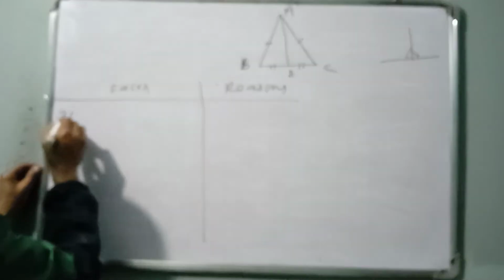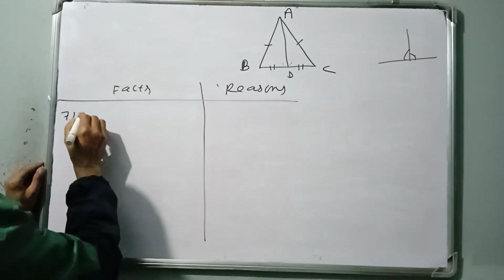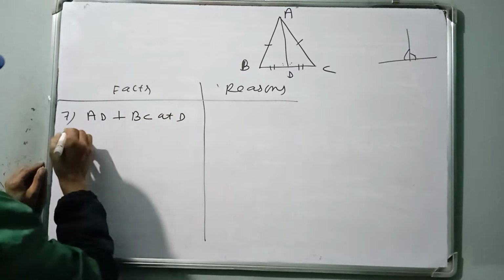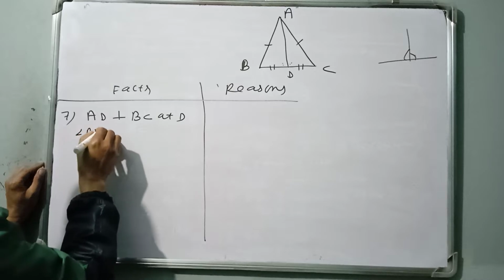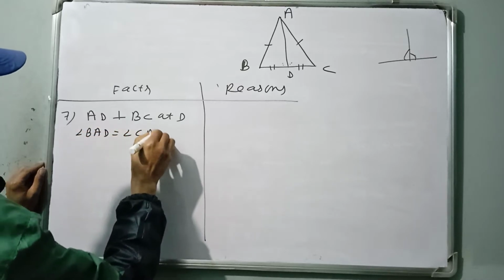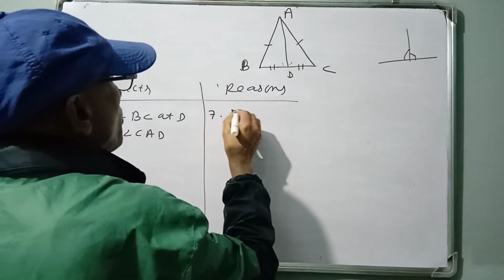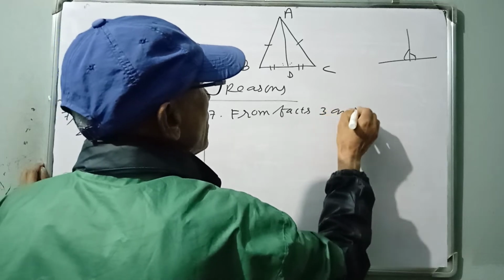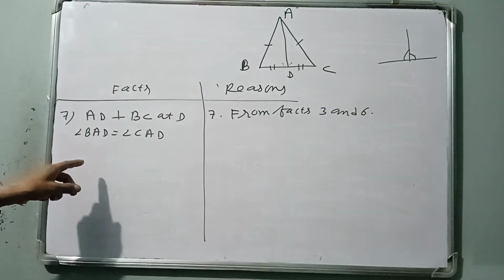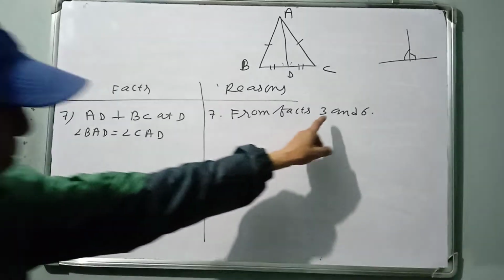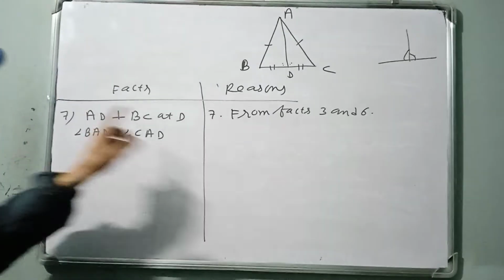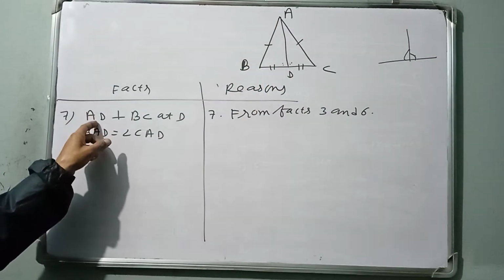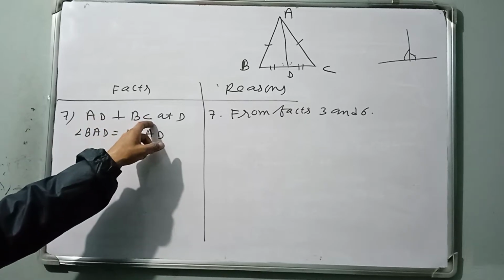Fact number 7: AD is perpendicular to BC at D, and angle BAD equals angle CAD. Can you remember from what? From facts 3 and 6. From fact 3, BAD equals CAD, and from fact 6, since angle ADB equals angle ADC equals 90 degrees, it shows AD is perpendicular to BC at D.